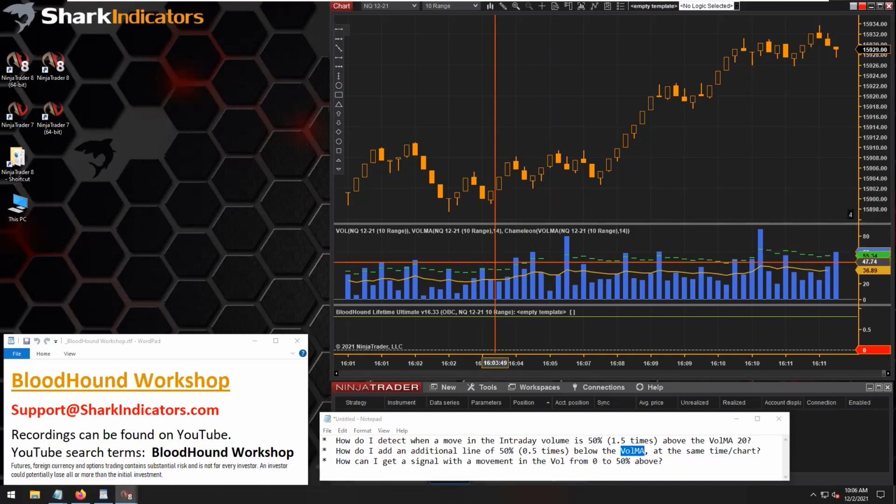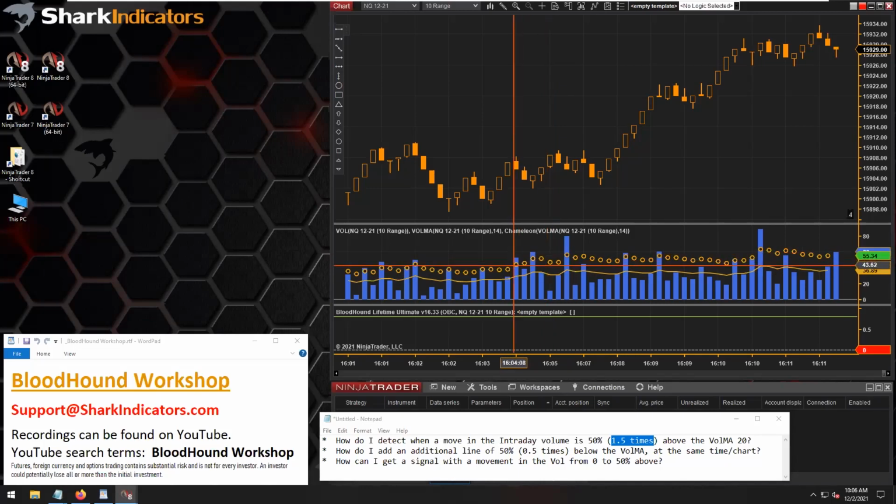So, to save some time, I already have my chart set up a little bit here. We're going to go through adding one more indicator, but I already have the volume MA at 150%, or 1.5 times. The green hash plot right there is the volume MA multiplied by 1.5, or 150%.